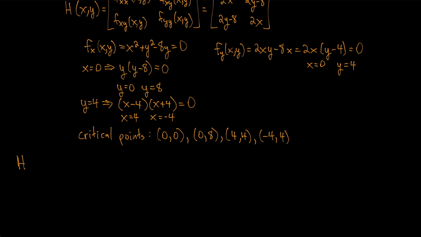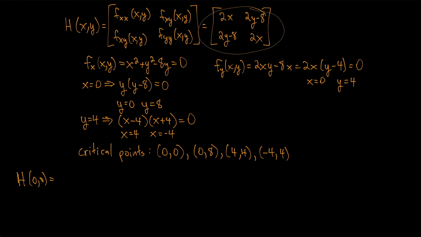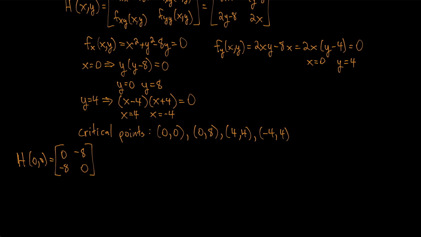Let's look at H of 0, 0. The H we computed was this. Plugging in 0, 0, we get 0, minus 8, minus 8, 0. Getting the determinant of lambda I minus A, it'd be lambda along the diagonals, so it'll be lambda squared minus 64, and factoring that we get lambda plus 8, lambda minus 8.